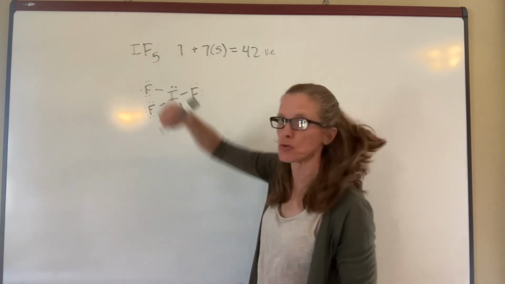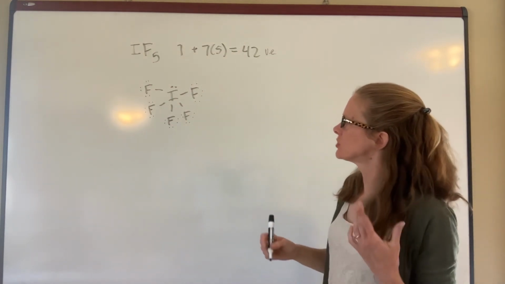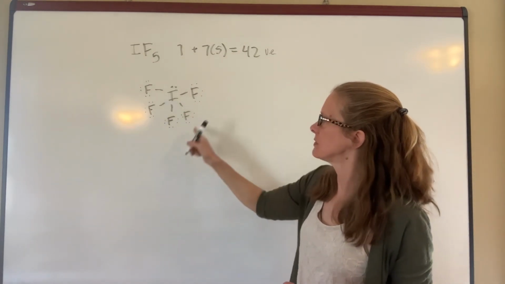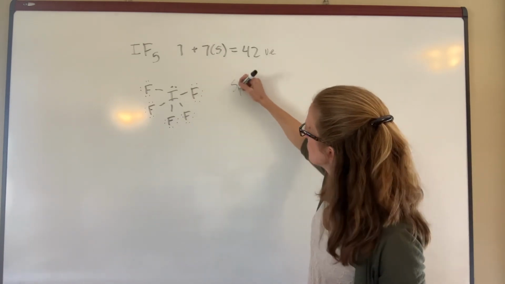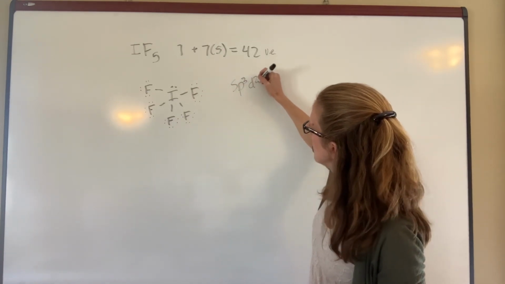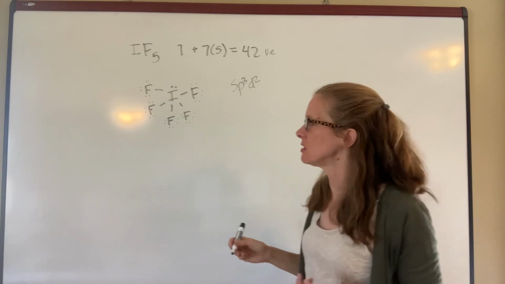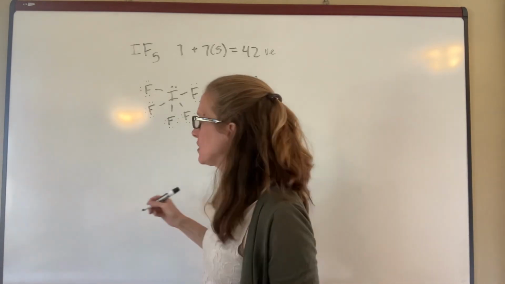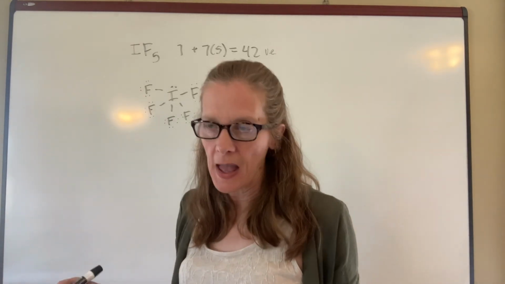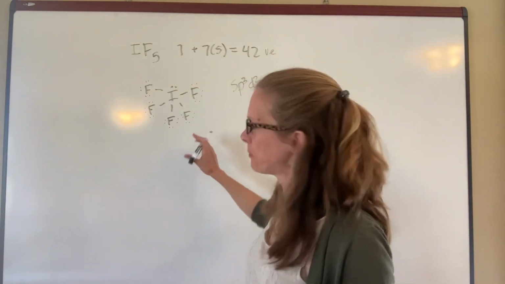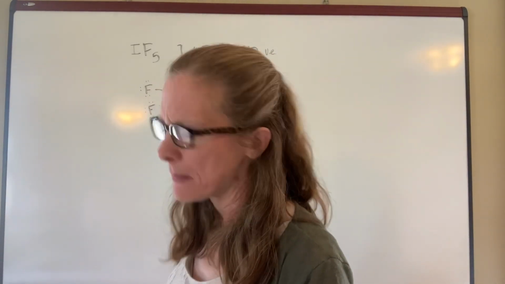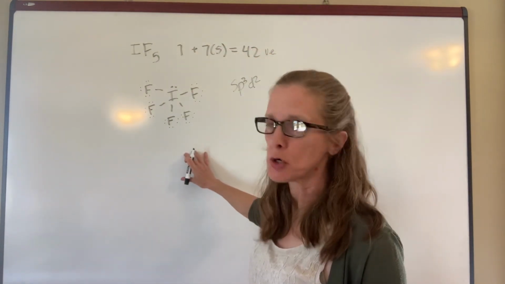I'm going to put them on my central atom. Okay, so this iodine now has 6 items around it. So this is going to be sp3d2 hybridization. The electron geometry for this is octahedral. However, the fact that I've pulled one of these off makes this what's called a square pyramid.